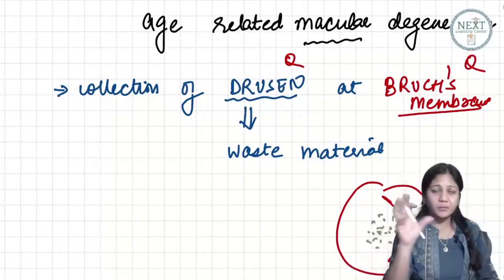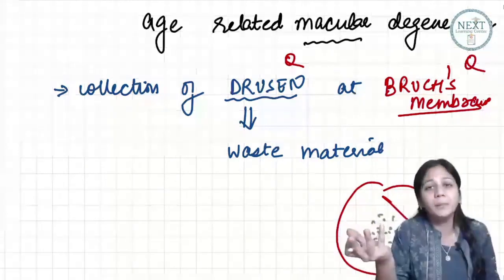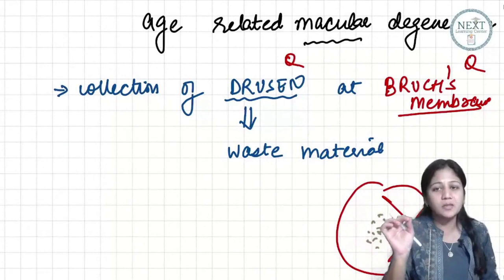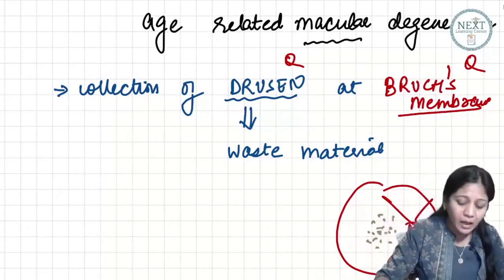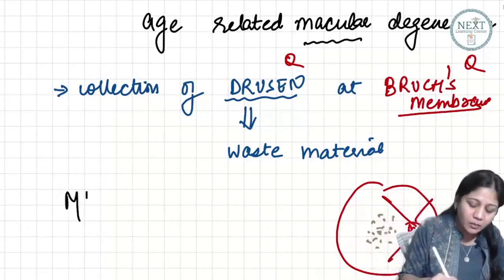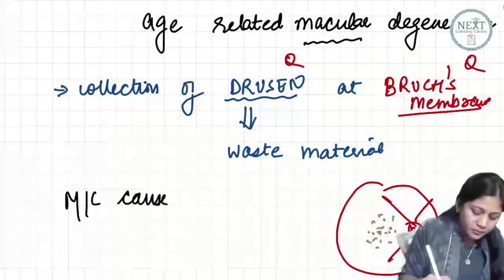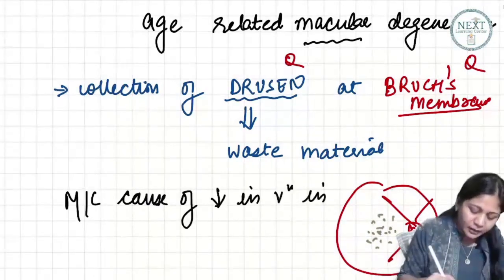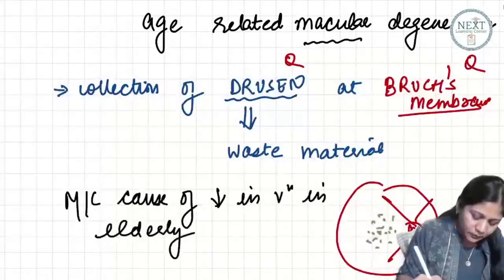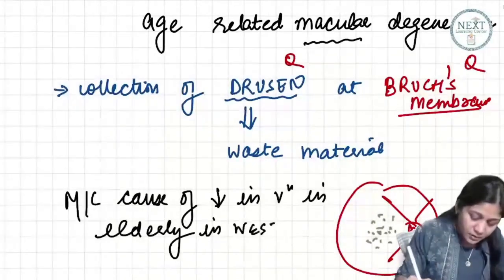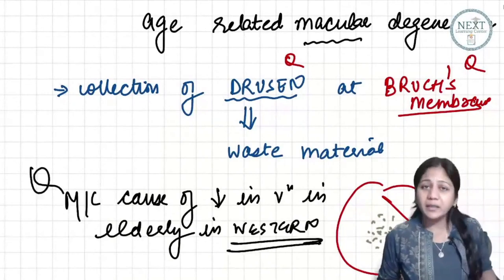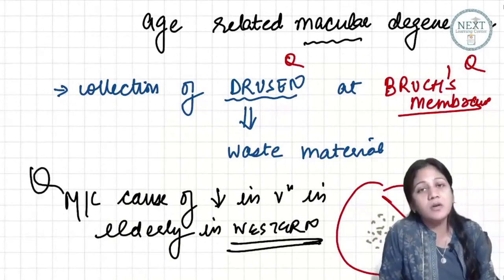So obviously when something gets collected in the macula, what will happen to your vision? The central vision is mainly distorted, the central vision is decreased. By and large, this ARMD is the most common cause of decrease in vision in elderly in Western countries. See how common this is. हमारे देश में क्या है? What is the most common cause of decrease in vision?